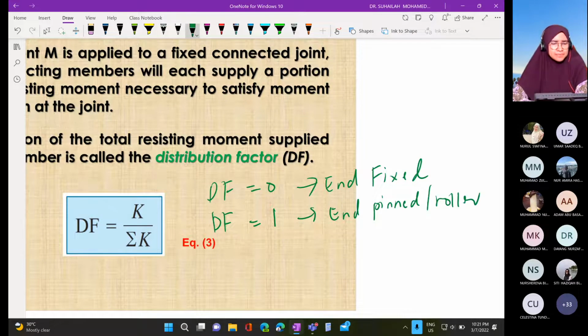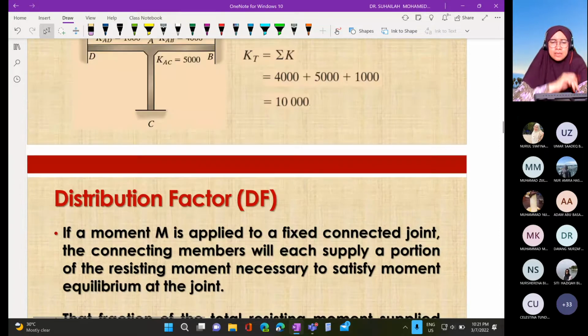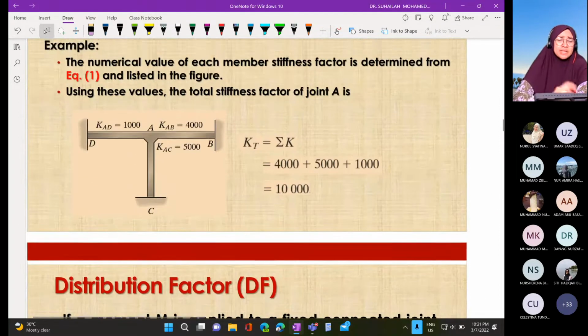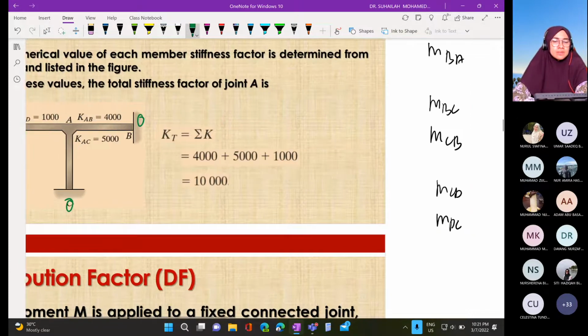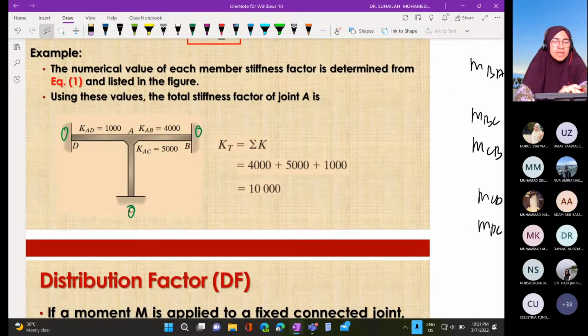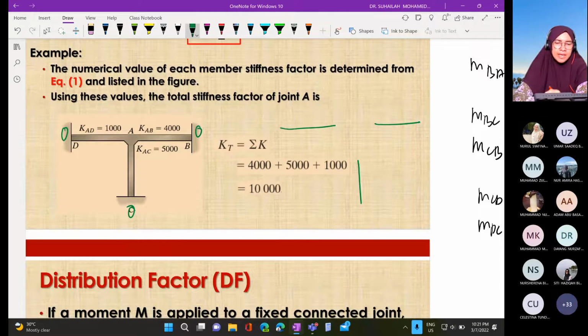It means that in this case, the distribution factors at these ends are 0, 0, 0. What we calculate here is DF AB, DF AC, DF AD, because in this case there are 3 elements as well: member AB, member AC, member AD.